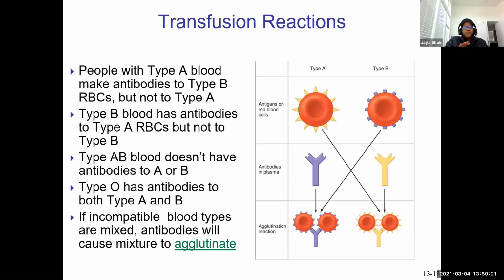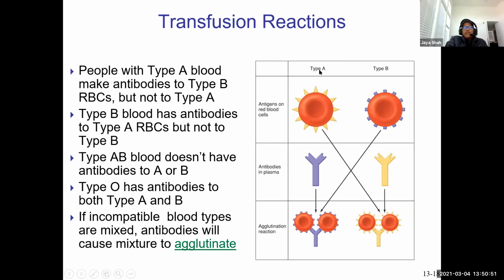So let's see here. That's why you have to give matching blood to the individual. So here you go. This diagram shows people with type A blood make antibodies to type B RBC, but not to type A. So look here.